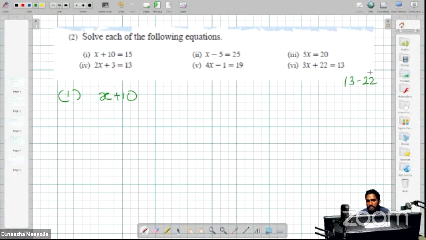So first we do 22 minus 13. Then what is it? It's 9. Then the higher value is minus, so it's minus 9. Minus 9 divided by 3 is minus 3. That's how it comes. I will do it again.